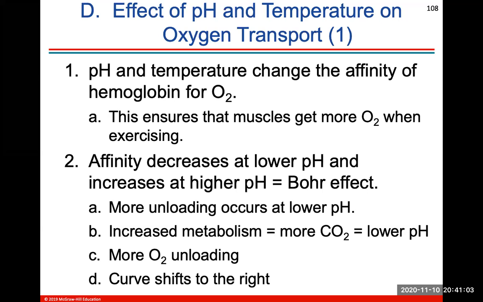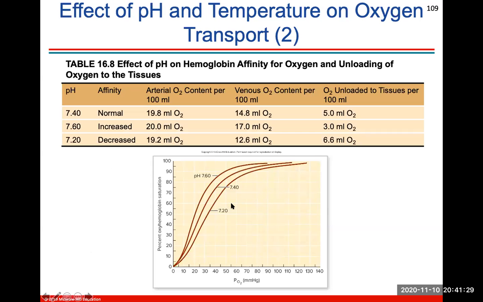pH and temperature change will affect the affinity of hemoglobin for oxygen, and this will ensure that muscles get more oxygen when exercising. The affinity will decrease at lower pH and increase at higher pH. So more unloading of oxygen from hemoglobin occurs at a lower, more acidic pH. Oxygen will be more unloaded or dissociated from hemoglobin at lower pHs, and this will shift the oxygen dissociation curve to the right.